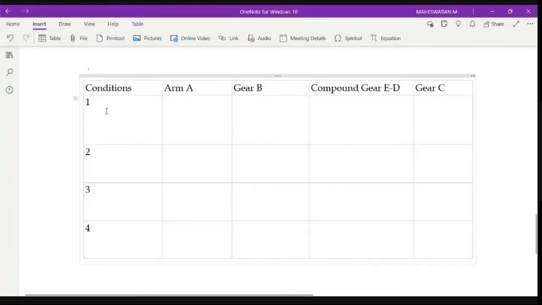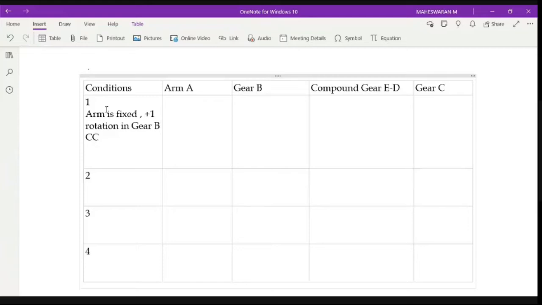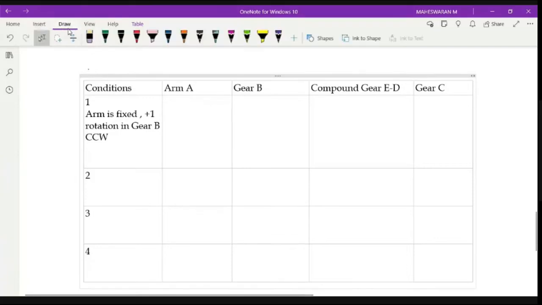The first one: I have to fix my arm. Arm is fixed, and giving plus 1 rotation in gear B. Which direction? Counterclockwise direction. So arm 1 is fixed. If I fix my arm, you will get 0.